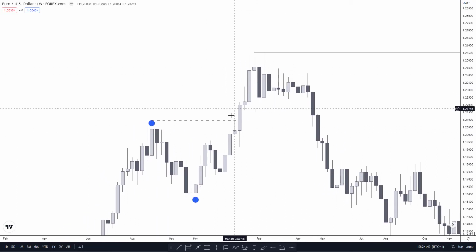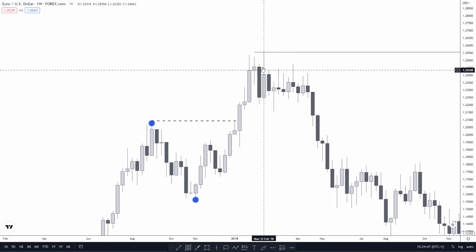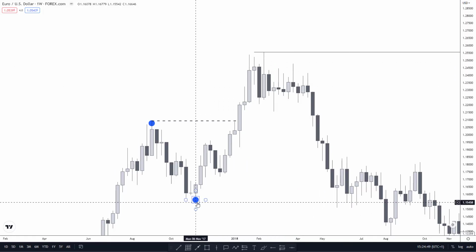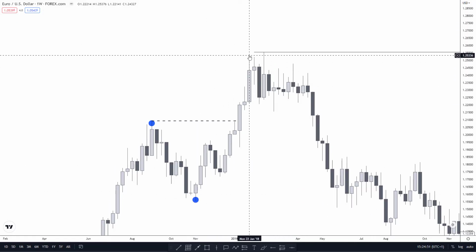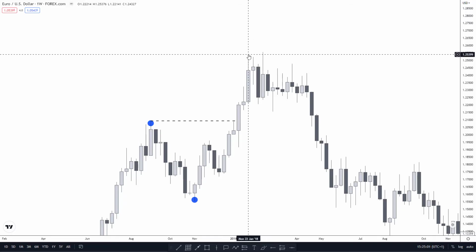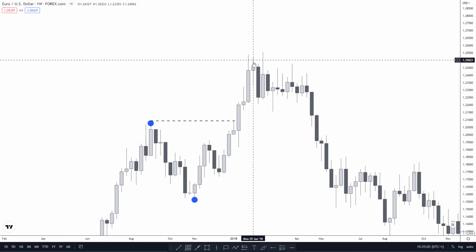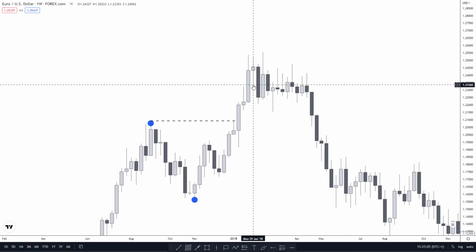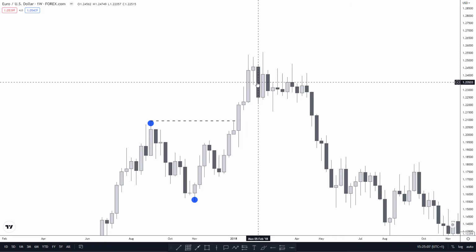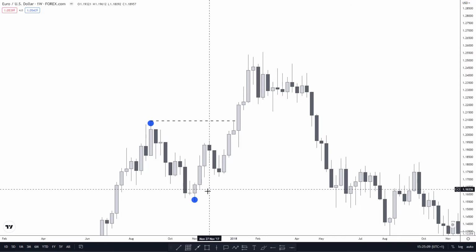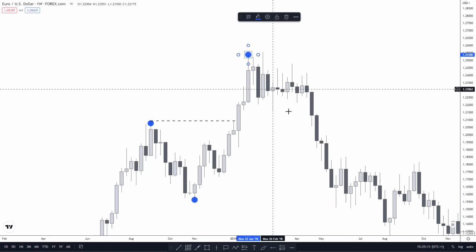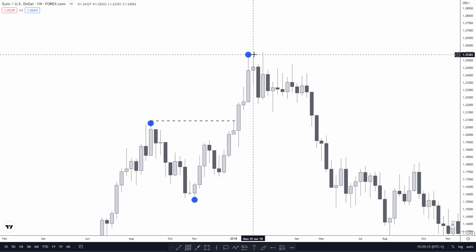And then we have our confirmed swing high, and this is another interesting one. You can see that this is the highest point, because this candle closed below the candle to its left. So the highest point before that was this. So that is our swing high. Now what you can see is after that we had a wick above that, but as we said before, that's not a break of structure.